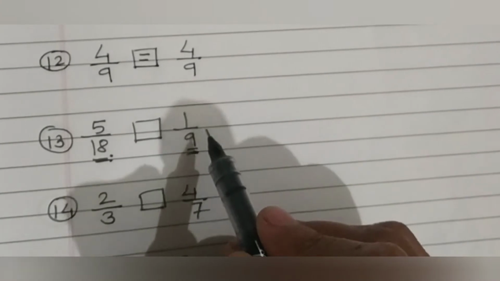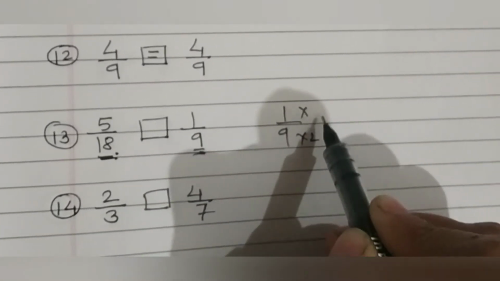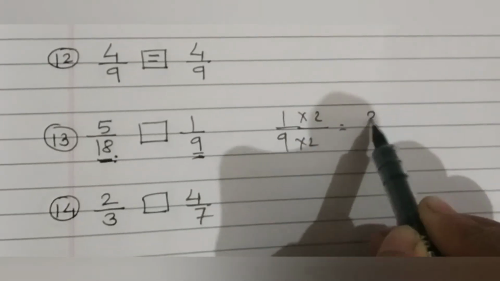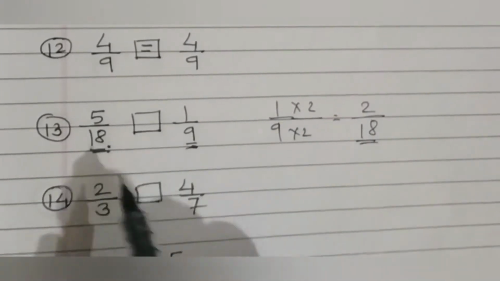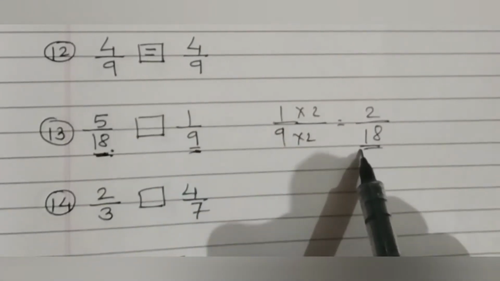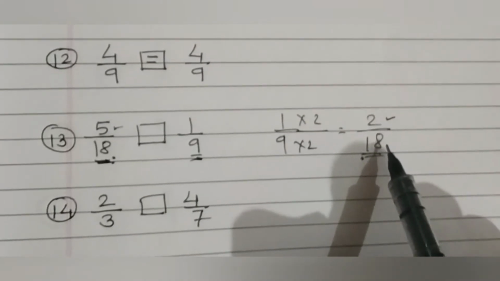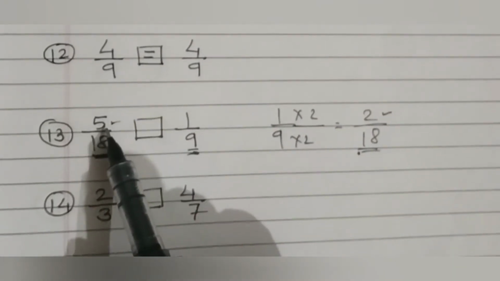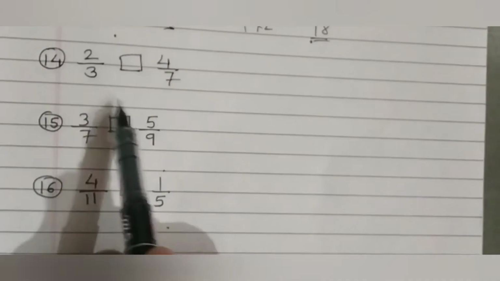If you want to convert this 9 into 18, you need to multiply this number by 2, right? So here is 2 and here is 18. So 18 means denominators we got same. So here is 5 and here is 2. Which numerator is greater? 5, right? So this fraction will be greater fraction.